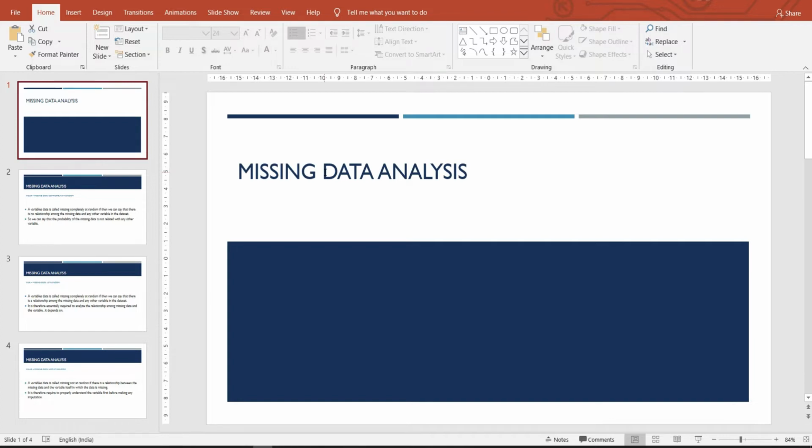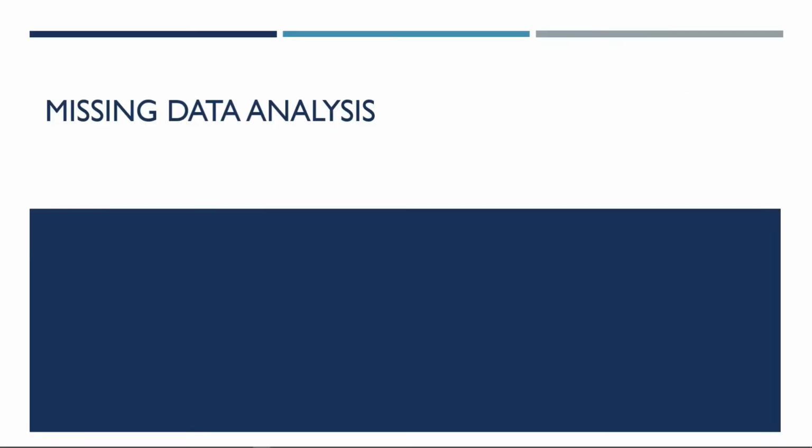So this is also a way the missing data has been introduced to your data. Next, we will see the different types of missing data, and then we will go further into its analysis.